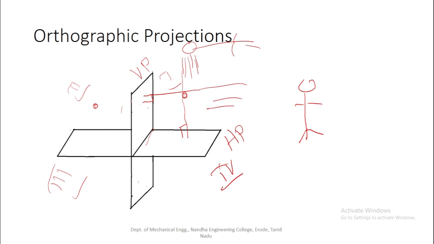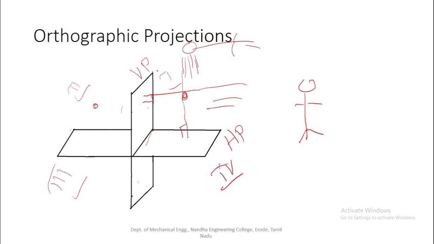To draw the front view, the rays coming out from the observer's eyes are perpendicular to the vertical plane. To draw the top view, the rays coming out from the observer's eyes are perpendicular to the horizontal plane. If the object is placed in the first quadrant, its corresponding front view and top view are called first angle projections.